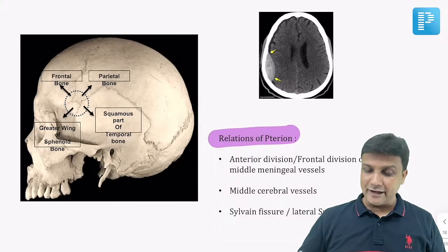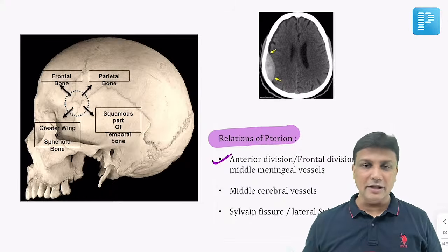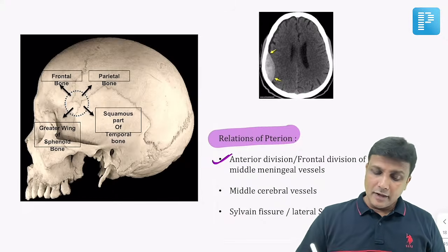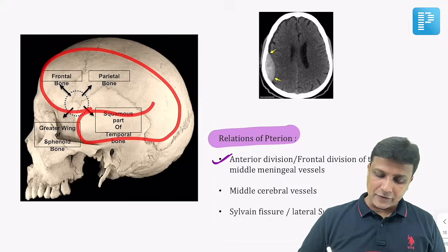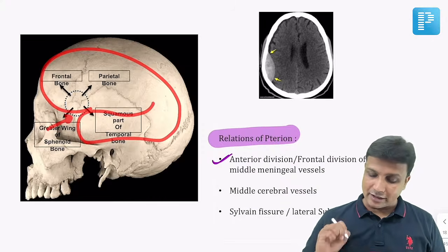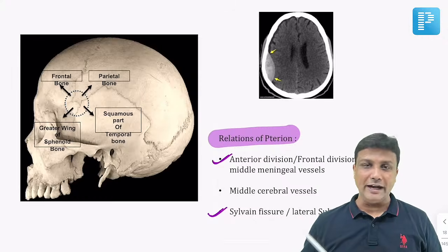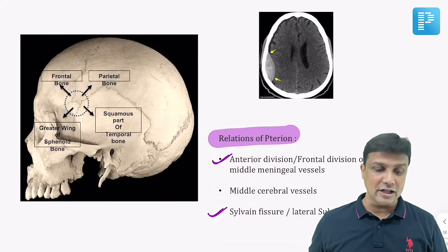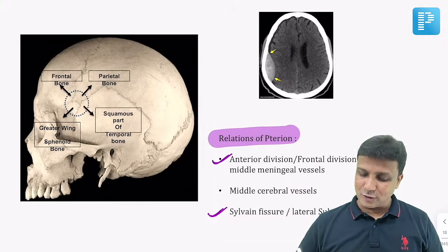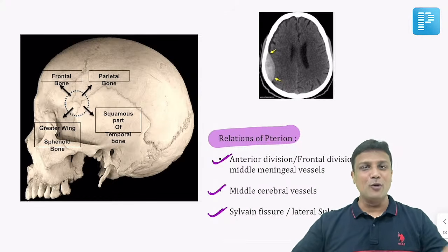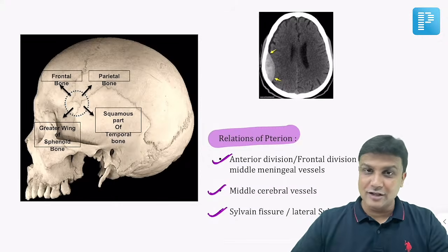So we can answer anterior or frontal division of the middle meningeal vessels. Inside, you can also appreciate the cerebral hemisphere, and this sulcus is the lateral sulcus, or Sylvian fissure. You can see its beginning just beneath the Pterion, and inside it you can appreciate the middle cerebral vessels. These are all the structures present just inside the Pterion.